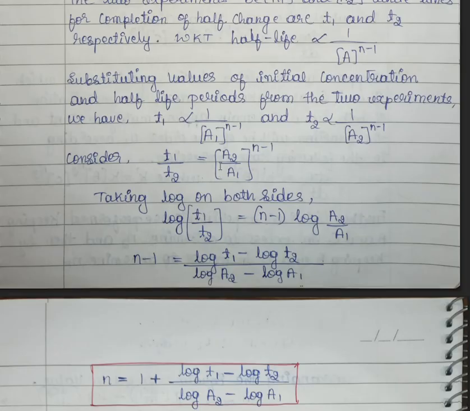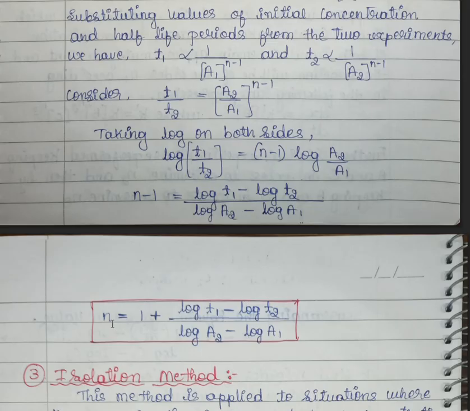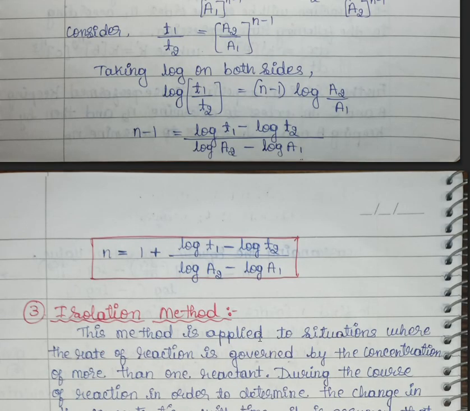We know that log a to the power n is equal to n log a. Simplifying it and taking the n terms to one side, the final equation is n is equal to 1 plus log t1 minus log t2 divided by log a2 minus log a1. So this is the half-life method to calculate the order of a reaction.